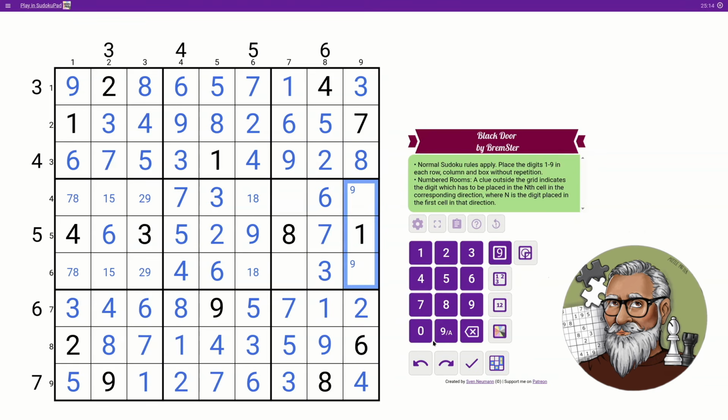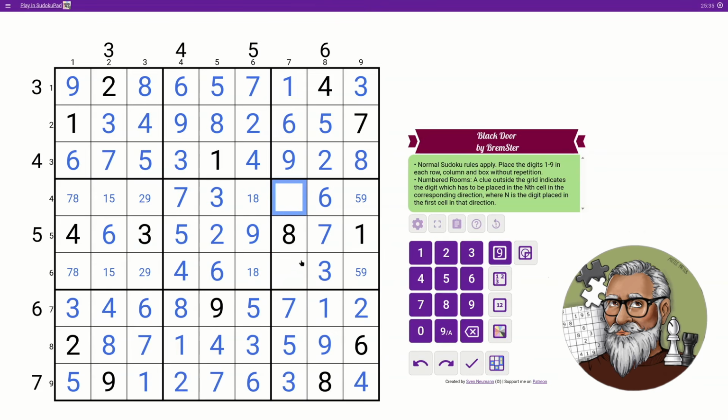Right, and what am I missing here? A 2 and a 5, right? No, a 9 and a 5. And hopefully those resolve it, otherwise I've broken the puzzle. And these are a 2 and a 4, right?